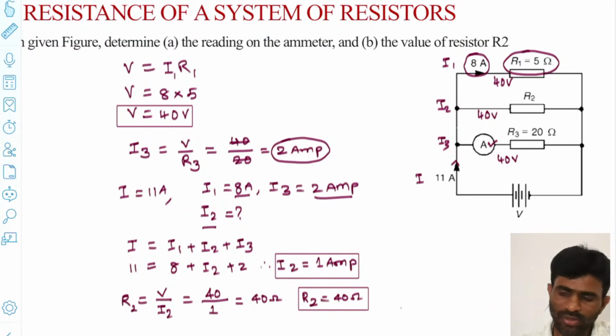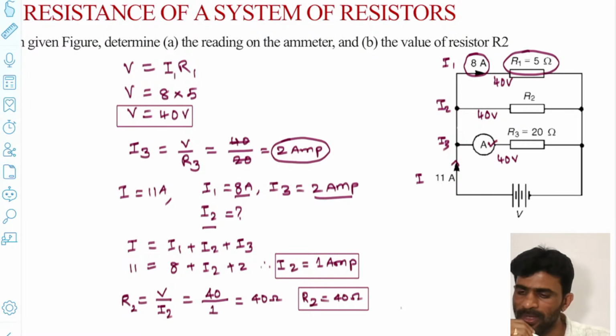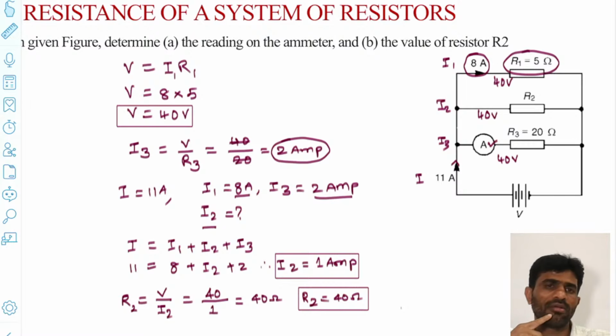Did you understand this? 20 ohms? How is it 20 ohms, Smaran? Current is 1 ampere only. When current is 1 ampere, the formula is V by I. R2 is equal to V by I2.